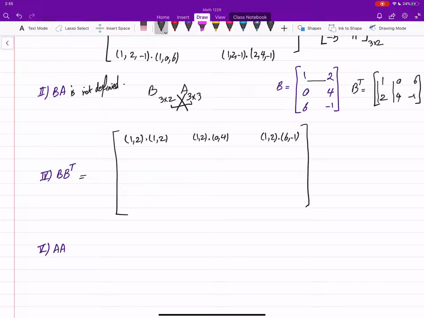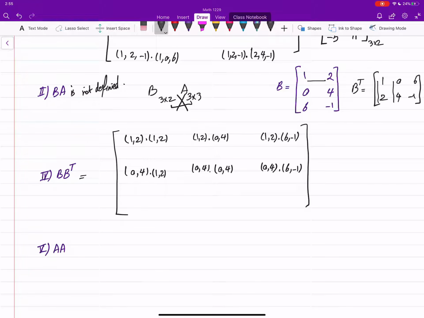Then the second row, 0, 4 dot 1, 2, 0, 4 dot 0, 4, 0, 4 dot 6, negative 1. For the first one you could use the first column, second column, third column.